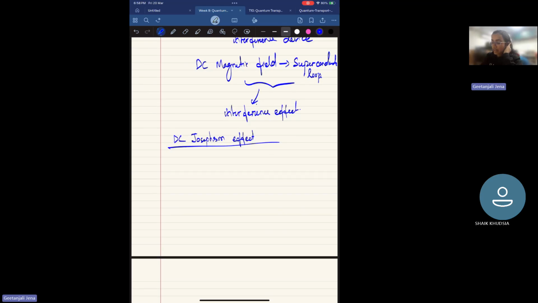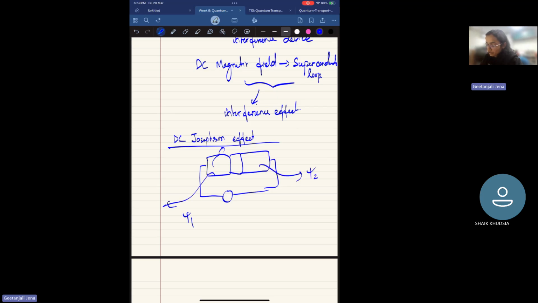To understand that, we have a superconductor tunnel coupled through an insulator to another superconductor, so we can use the quantum mechanics formulation. For the left side, we can represent it through the wave function psi 1, and for the right side, psi 2.